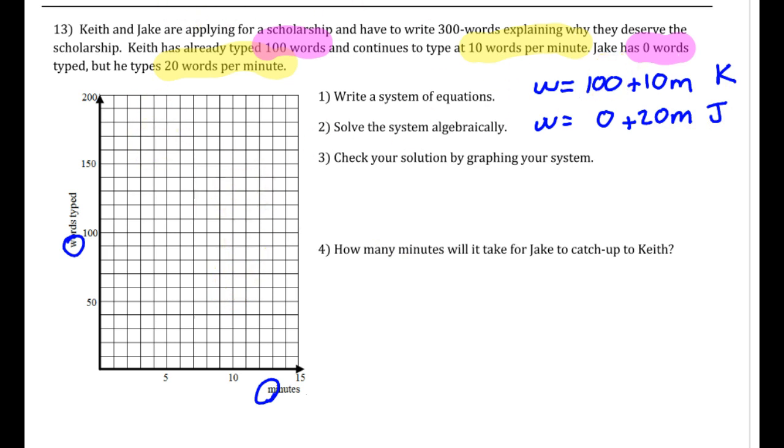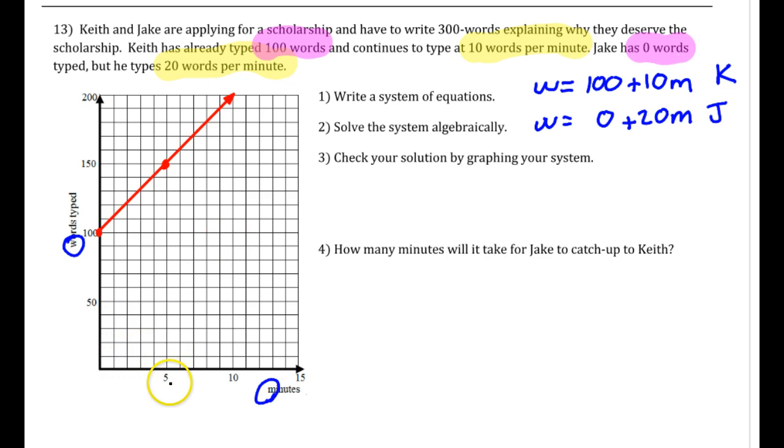So Keith starts at 100, 10 words every minute, so after 5 minutes, it's going to go up 50 words, right? So you'll be at 150. And then Jake here hasn't started yet, but does 20 words a minute.